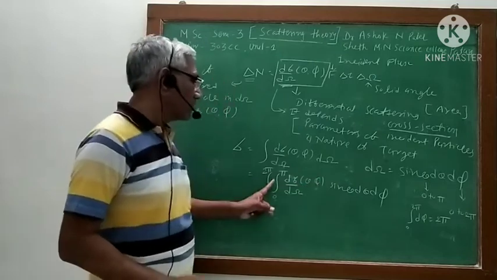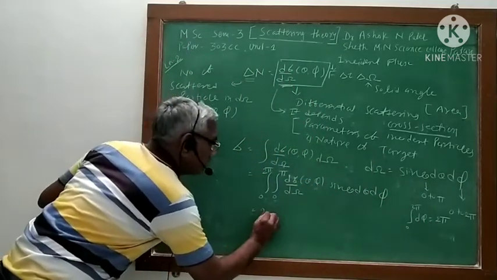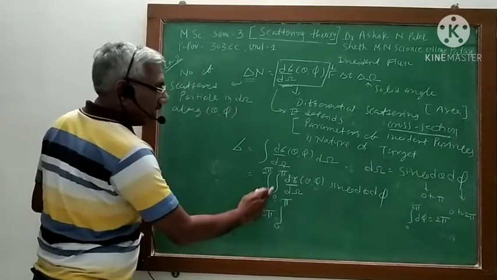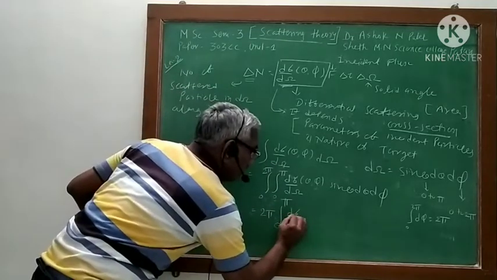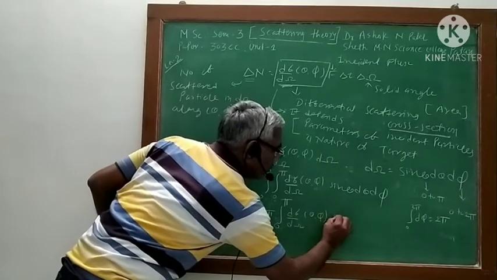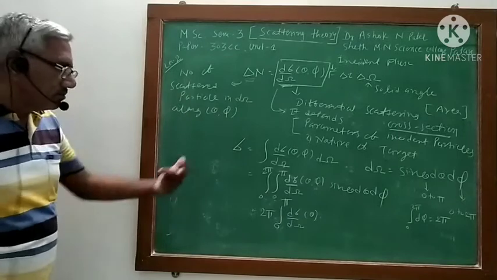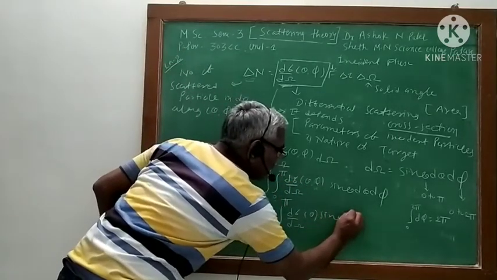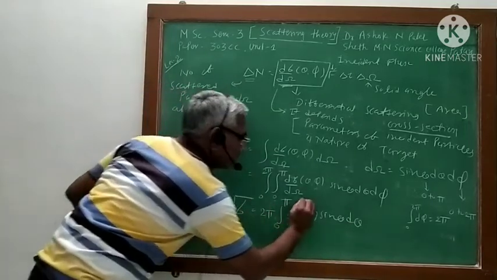So it is 2 pi times the integral from 0 to pi, since theta varies from 0 to pi only, of d sigma by d omega, with no need to write the phi dependence because it is almost constant, times sin theta d theta, and that is your sigma.